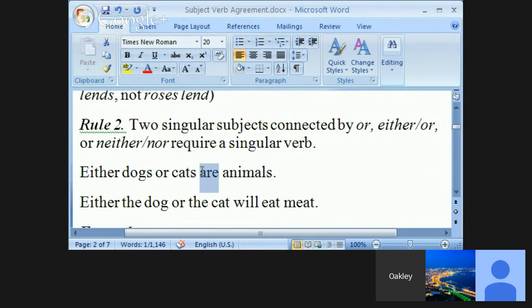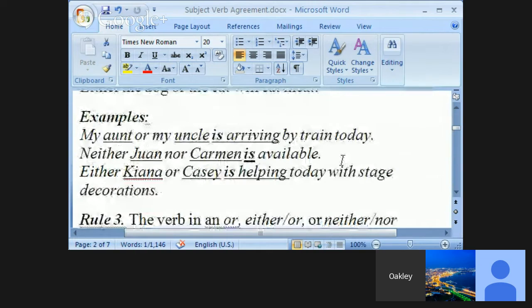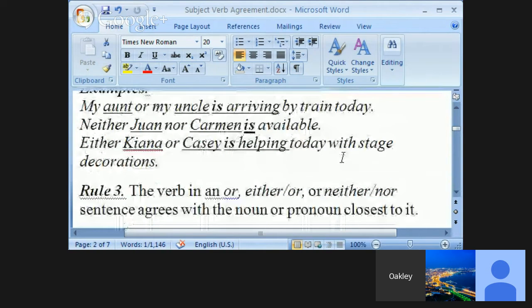Then our verb is plural. Super. What do we do if one subject is singular and one subject is plural? Uh-oh. What is the deal? Here is the deal. The verb in an either or, neither nor, whatever sentence agrees with the noun or pronoun closest to it. That's the key point of this rule.